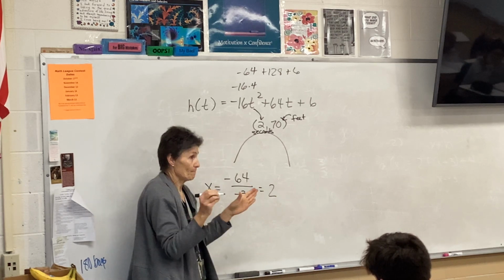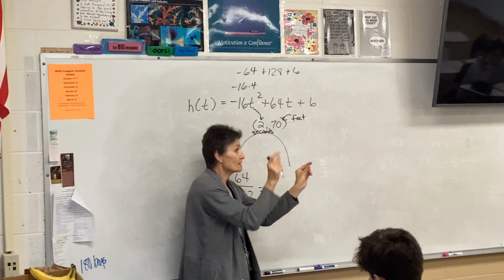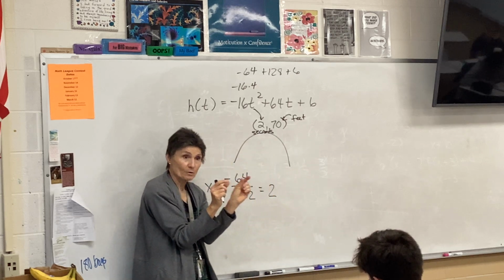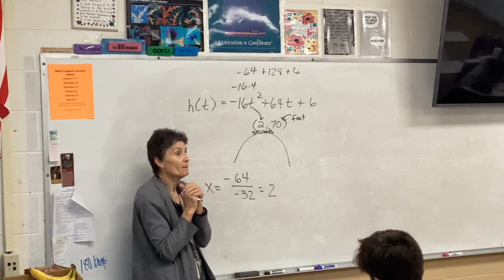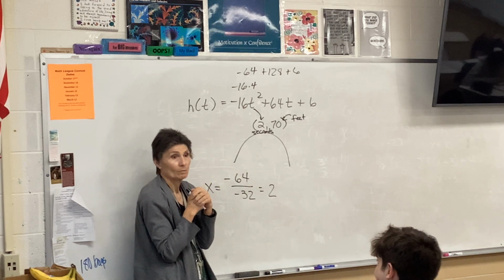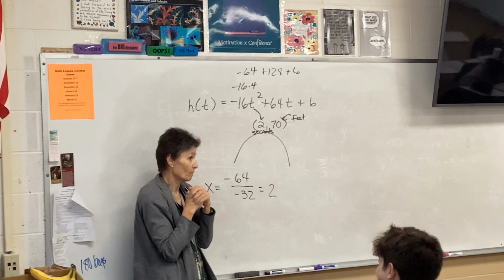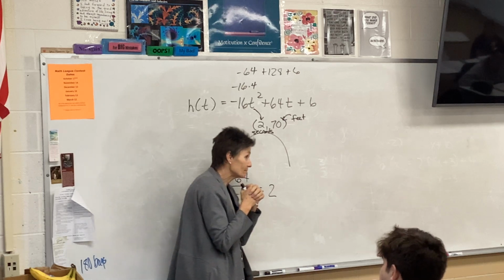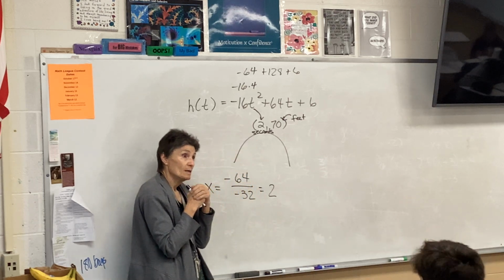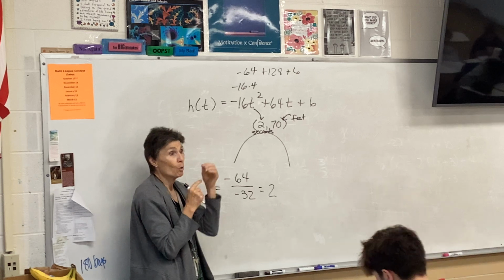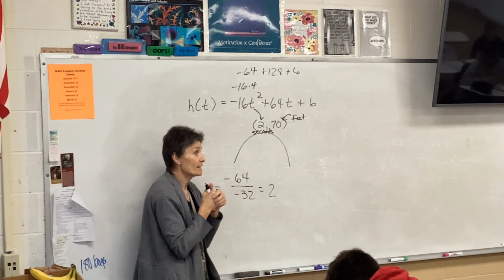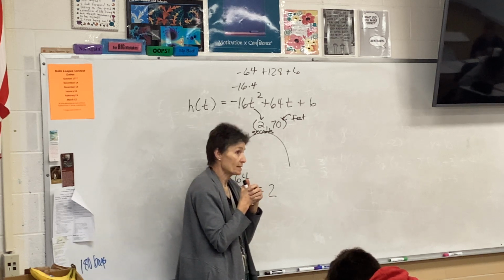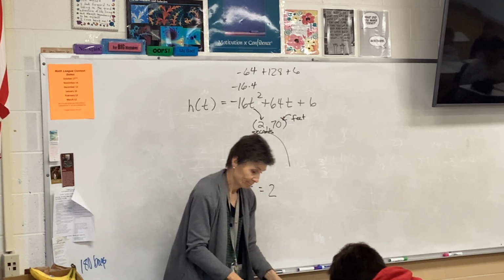All right, every time. First one is seconds, second one's feet. So now we got to answer the question. Find the maximum height of the ball. What's the maximum height of the ball? 70 feet. If the question had said, when does the ball reach its maximum height? Then the answer would be 2 seconds. Right?